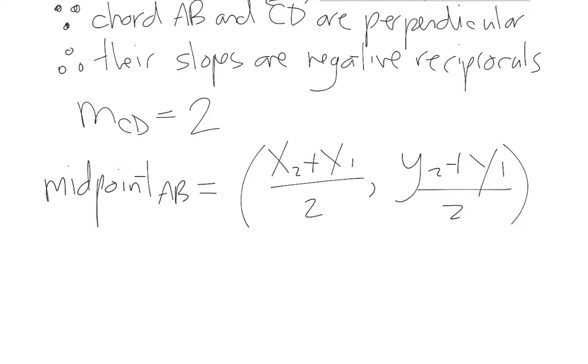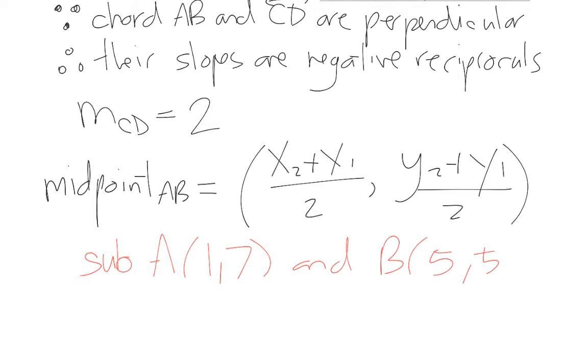At this point, you can just substitute in these values. So I'm going to write that in. I'm going to say sub point A, which is (1, 7), and point B, which is (5, 5).